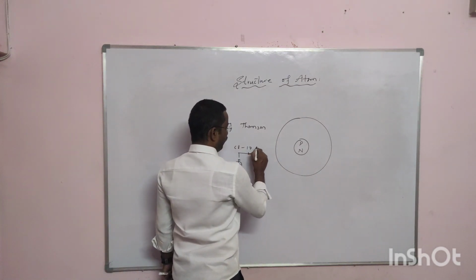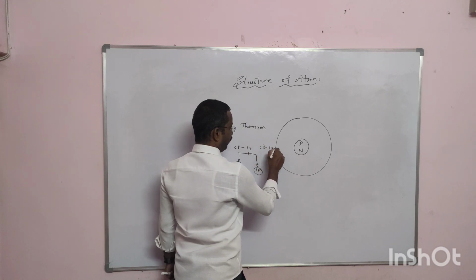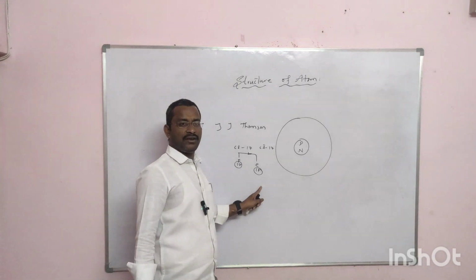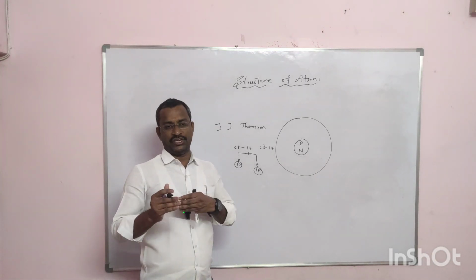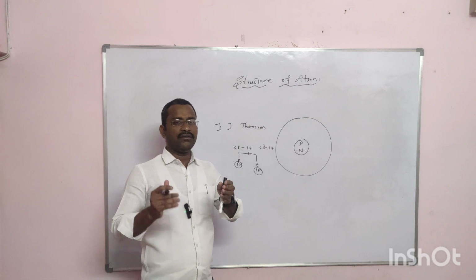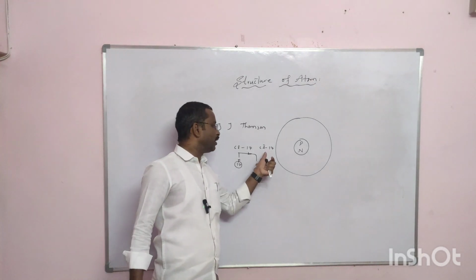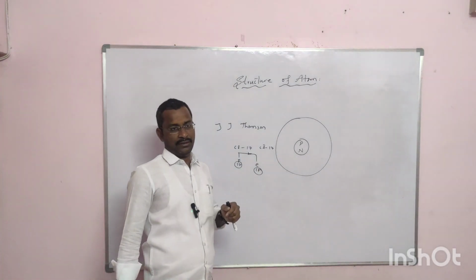It is still 17 protons, but the electrons are 18. So the charges are changed: 17 protons, 18 electrons. Whose charge is more? Negative charge is more. That's why it becomes Cl minus.